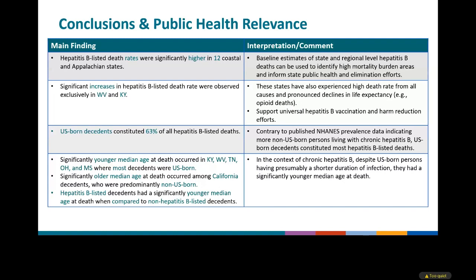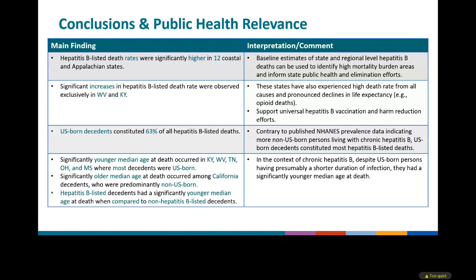We found significantly younger median age at death in the Appalachian states mentioned, where most decedents were overwhelmingly US born, and significantly older median age at death in California decedents, who were predominantly non-US born.